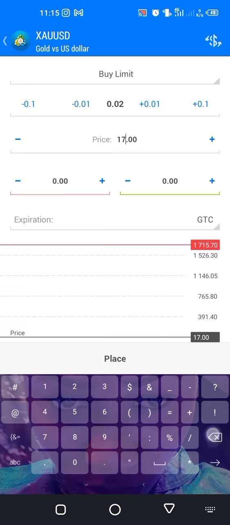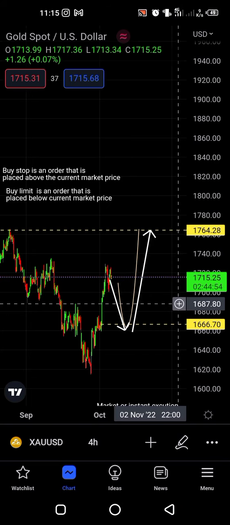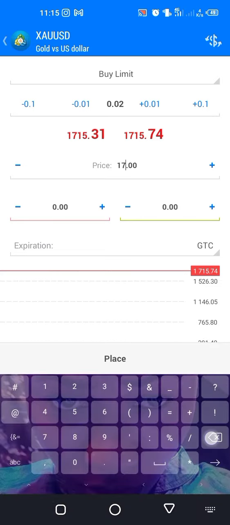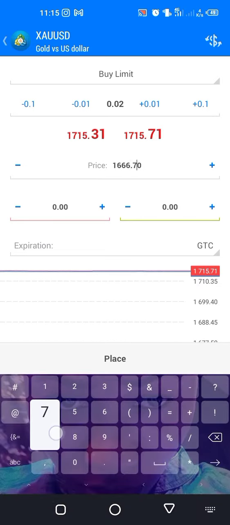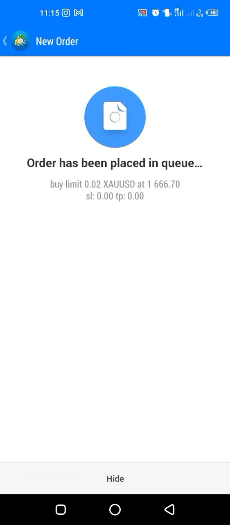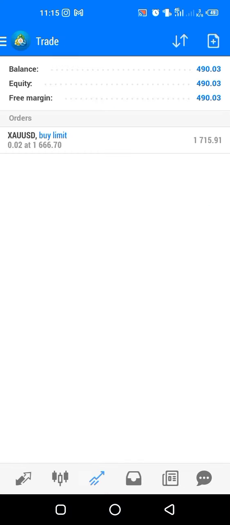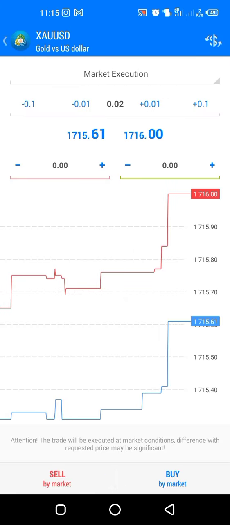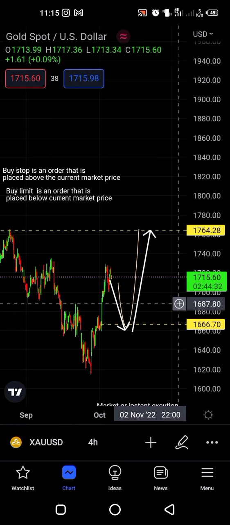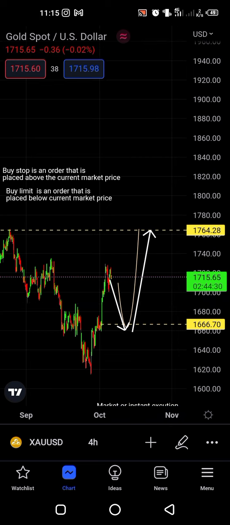But the price we looked at here is 1666.7. So let's put 1666.7. You can then place the trade. You click on it, and it is done. So that is that for that.